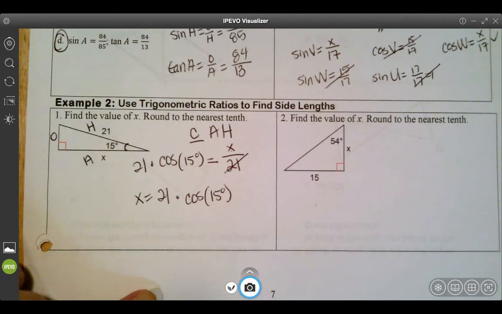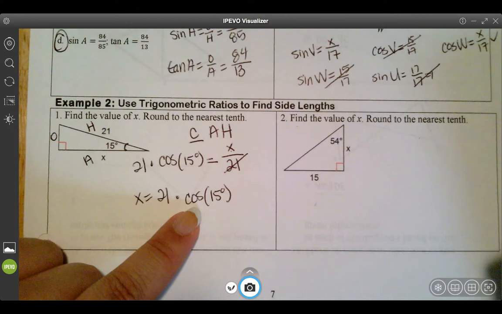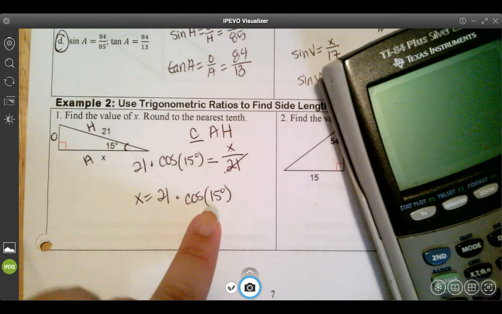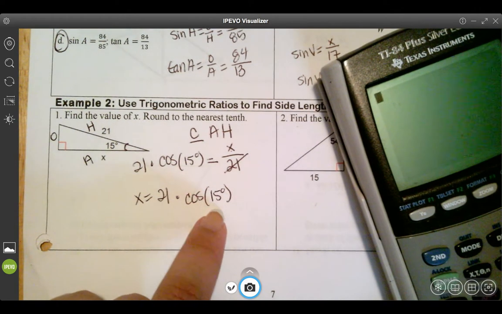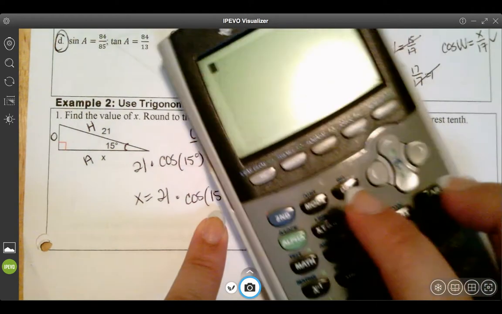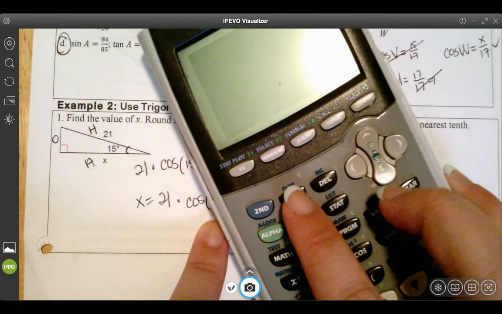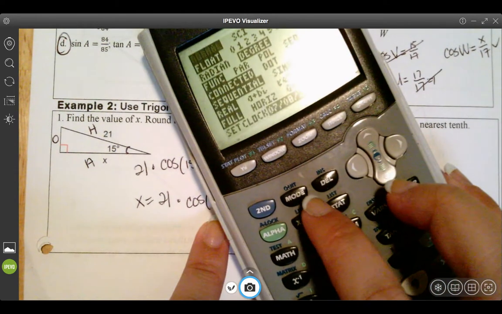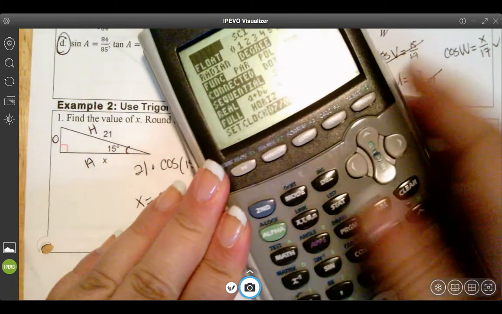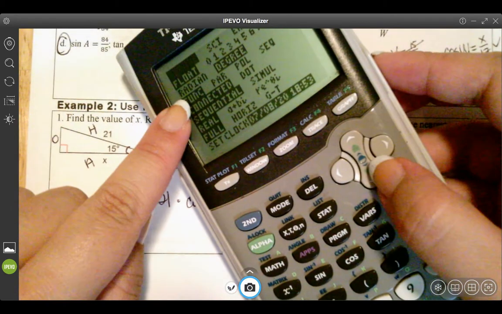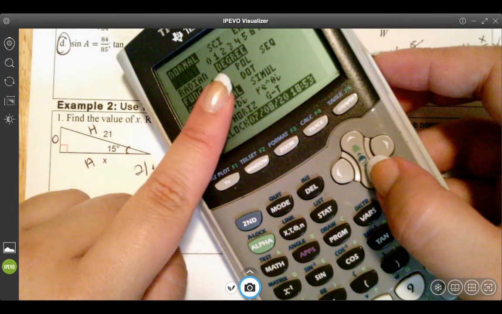Now, when you do this calculation, there's a couple things you have to keep in mind. I'll show you where to find cosine on your calculator. But first, we need to make sure that we're putting in our function in degree mode. So on your calculator, you're going to go into mode. Yours might look a little bit different than mine, but one of the first options should be radian or degree.